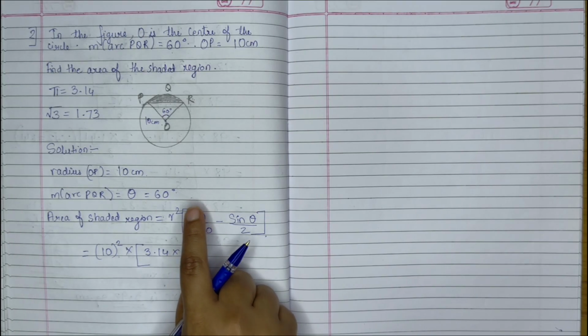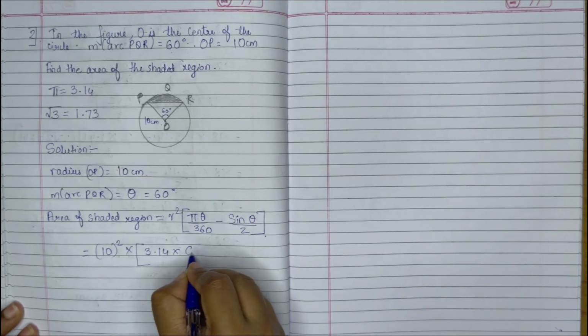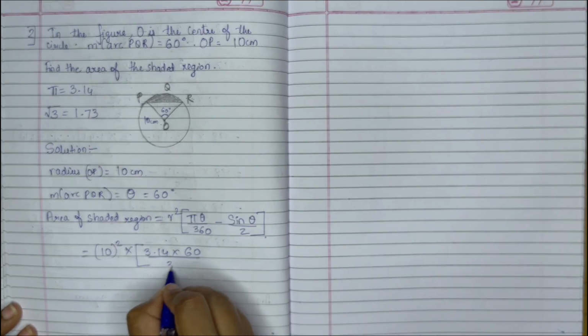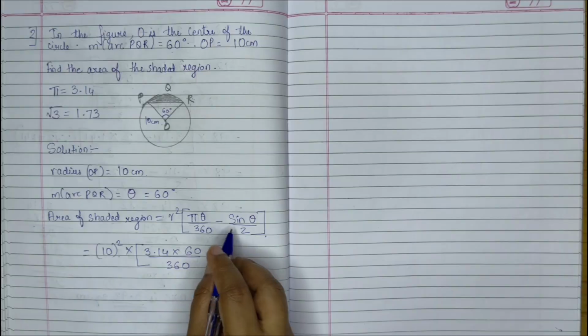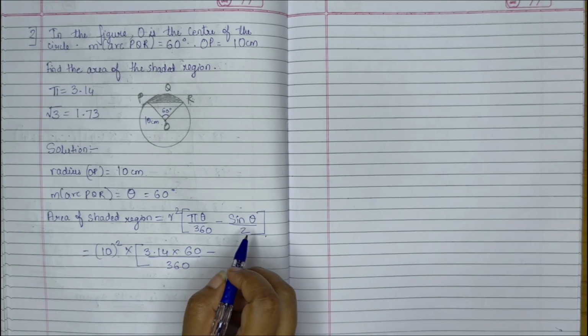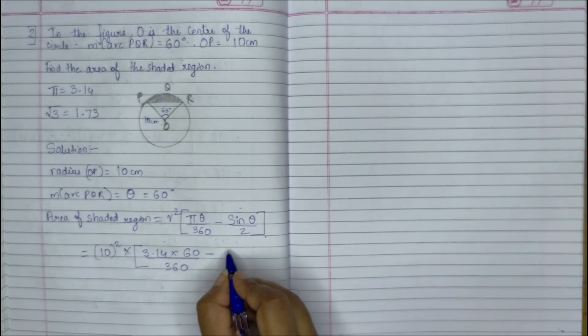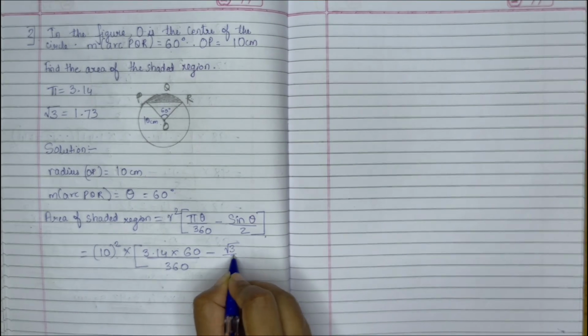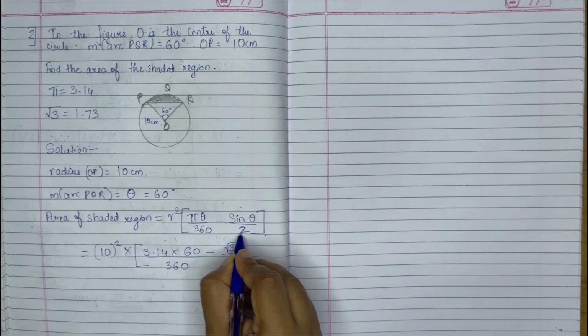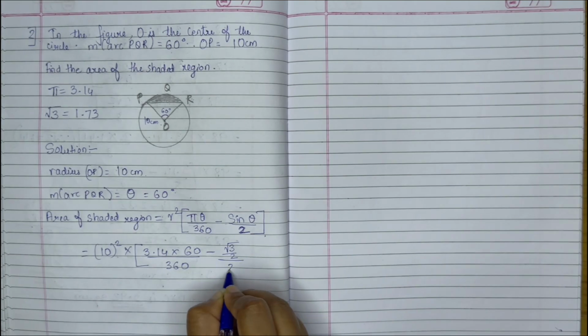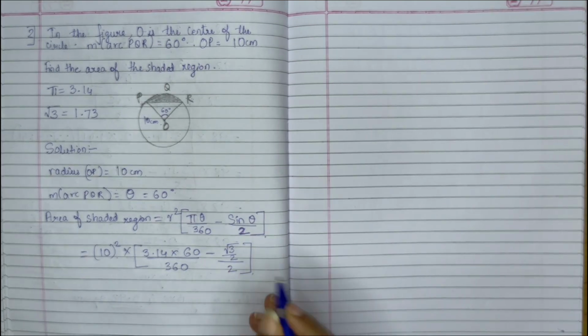Understood? 60 upon 360 minus sin theta. Sin theta is root 3 upon 2, and there is 2 again in the denominator, and close the bracket.